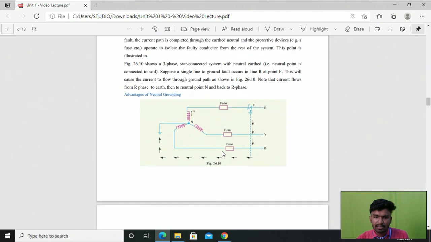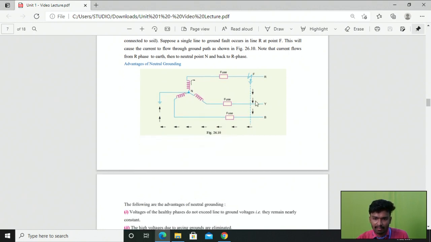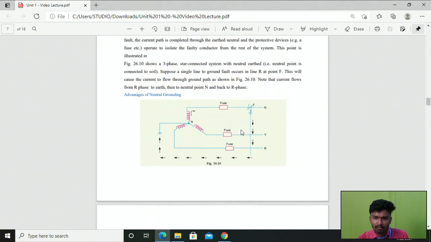Alright, so here in this diagram you can look at here. We have the neutral point, which means we connect a current carrying electrical conducting point of your electrical system. Here we are showing the three-phase star connected system with the neutral point earthed, right? Suppose there is a single line to ground fault on this line, for example from R to the ground, so what will happen?